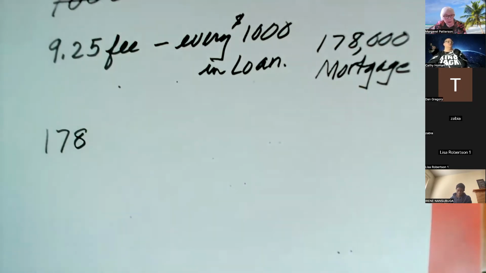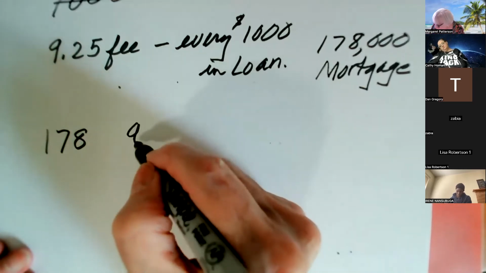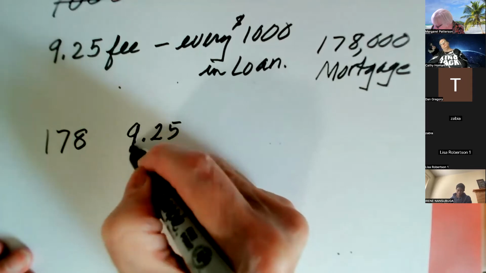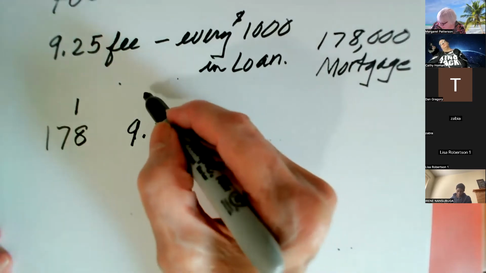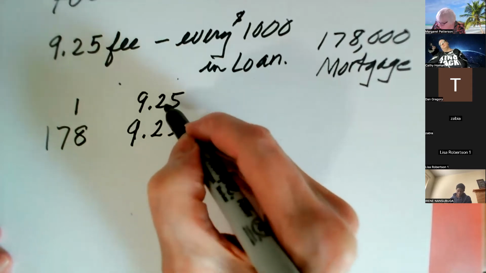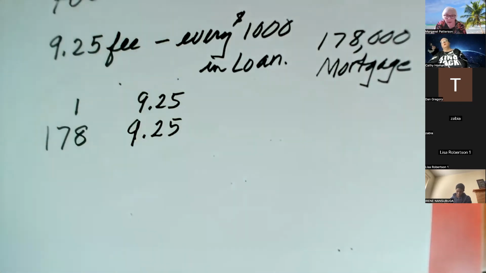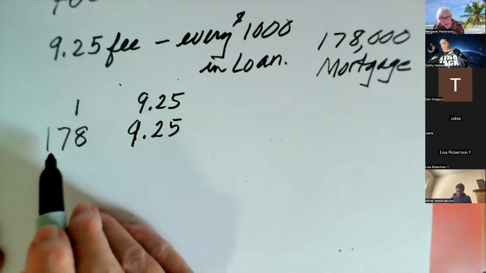So each of those costs $925. When we only borrowed 1,000, we paid 925, done. It's not the case, but I wanted to get this clear.